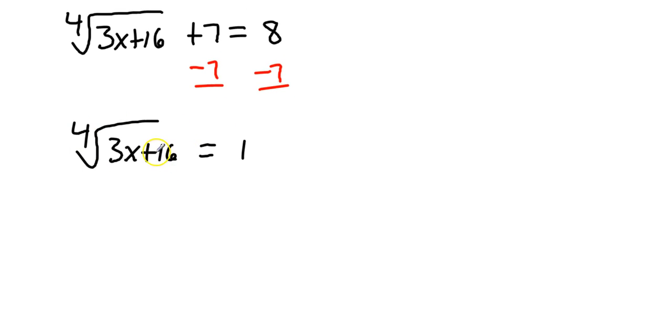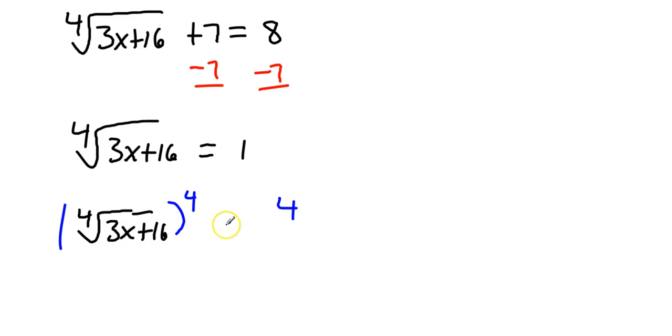Alright, now for this one, you'll still solve it just like on the last part. Since it's the fourth root, you're going to take both sides to the fourth power. So you're going to have the fourth root of 3x plus 16 equals 1 to the fourth. Again, if you do the fourth root there, they cancel and you get 3x plus 16. And again, the numbers here are going to have to be small.